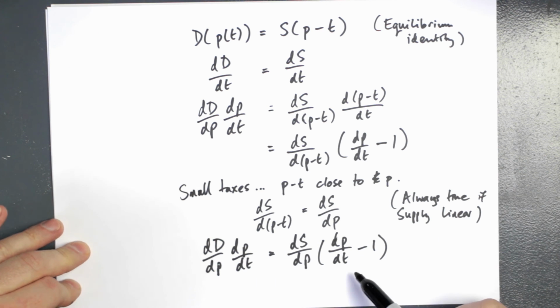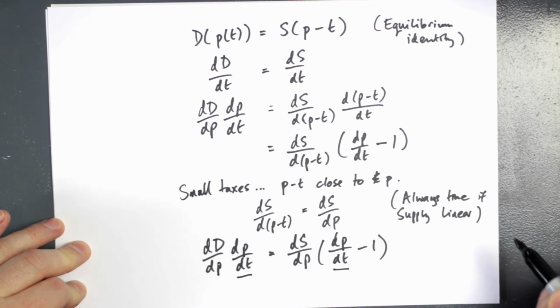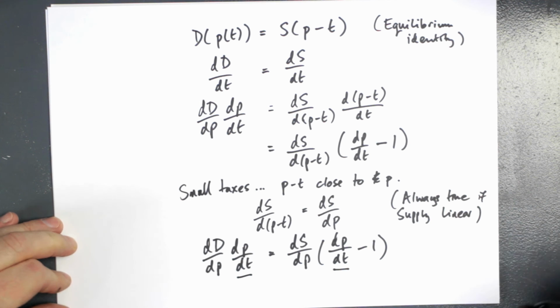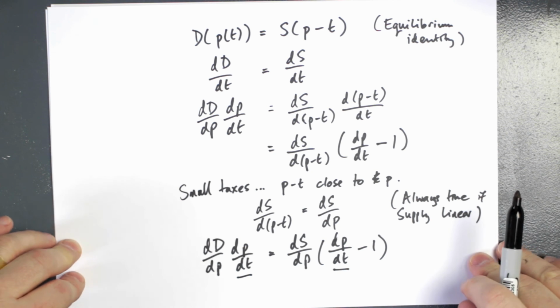Okay, so from here, what we want to do is essentially get this derivative of the equilibrium price with respect to the tax rate by itself.